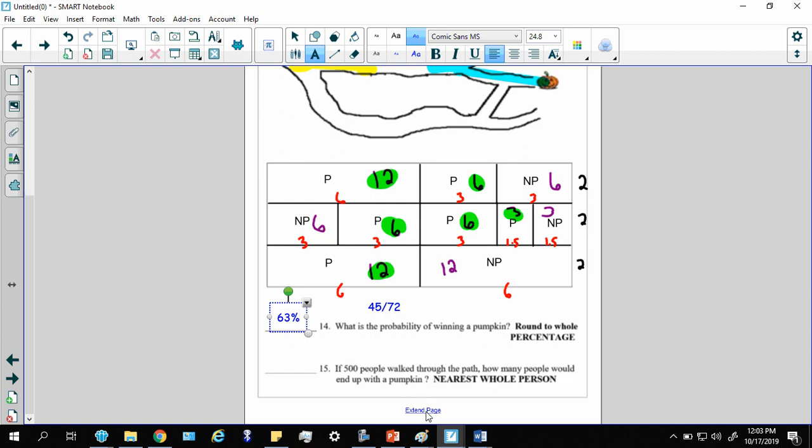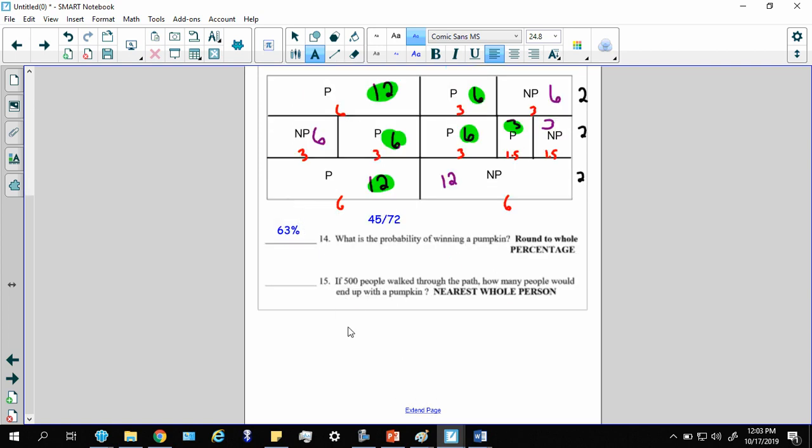Now, guys, you already know 63% will get a pumpkin. All right. There were 500 people who walked. So very simply, I'm just going to take 63% and times it by 500. So when I do the math, it ends up being 315 people.